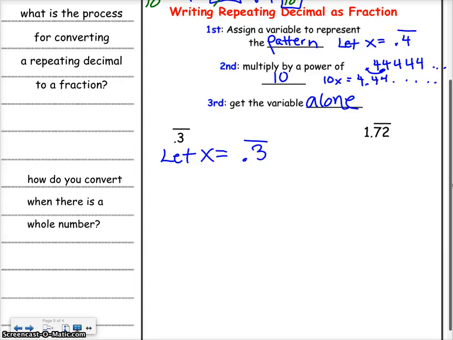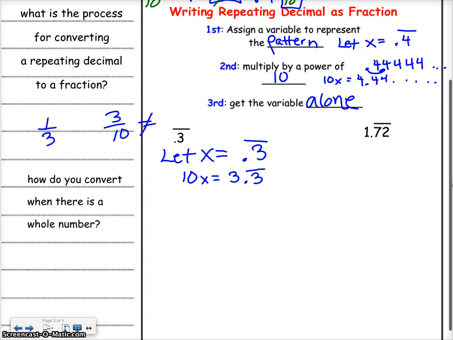Okay, so I'm converting my repeating decimal to a fraction, and it is not 3/10. It's something different. Maybe you already know what 0.3 repeating is. Some of you already know it's 1/3, but I'm going to show you how to get it. I have one number in the pattern, so I'm going to multiply by 10. And that gets the pattern to the left.